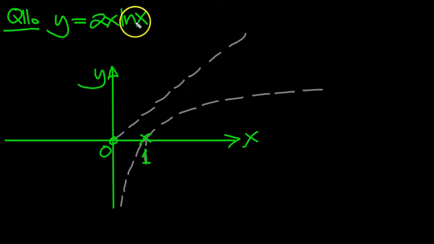So this tends to 0 a lot faster than this tends to negative infinity. So it's going to come from there and be negative. It's going to go through 1. And then after 1, it's going to be positive. So it's negative here, like so.